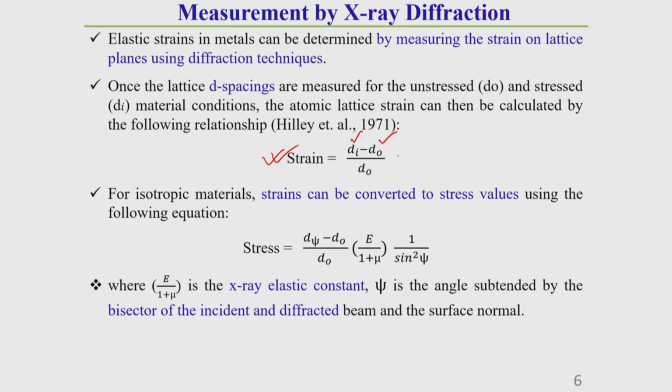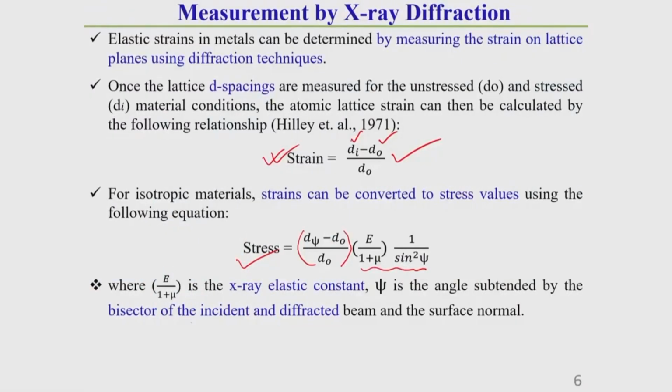Once we know this strain, we can find the stress value, and there is a relationship for that. With this strain, once we multiply by an elastic constant, equivalent to Young's modulus, given here as E by 1 plus lambda, we get the stress.